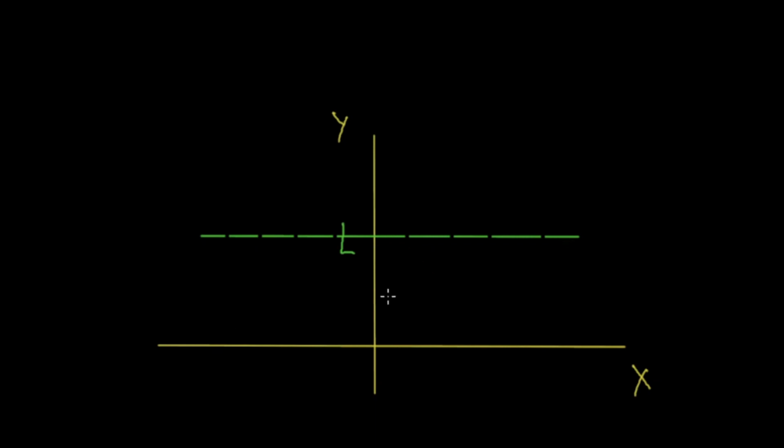Now, a function may look like this. It is approaching the number L, but it never gets to L. And we need to take it to infinity in the x direction. It's getting closer and closer to L, but it never gets to L. Or a function may come this way.